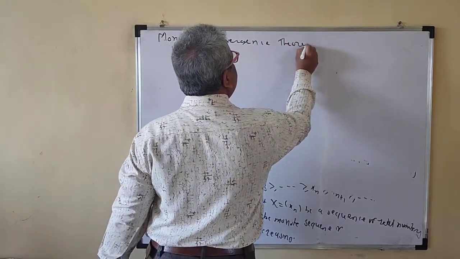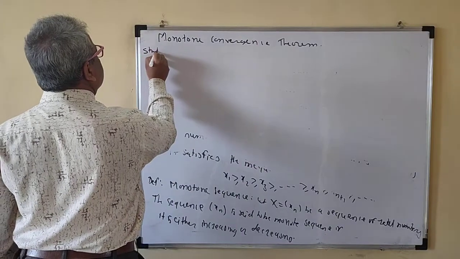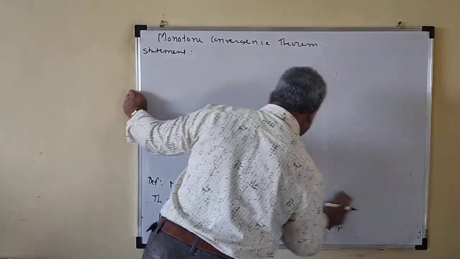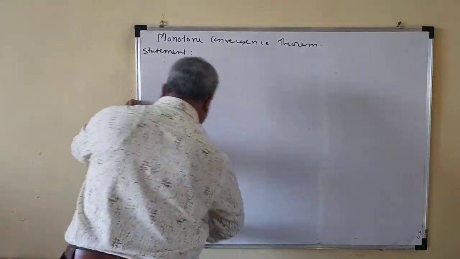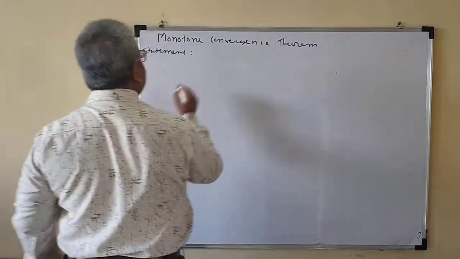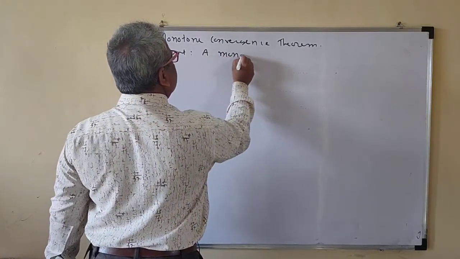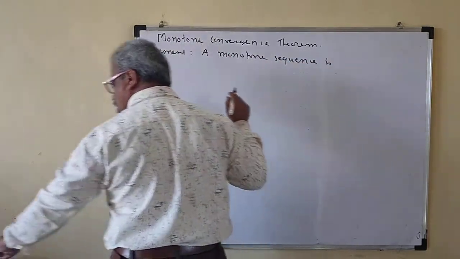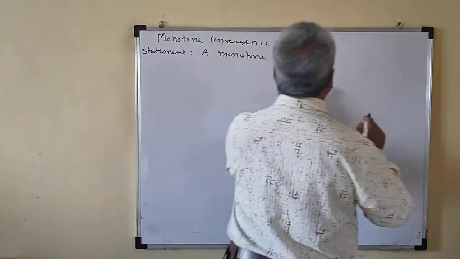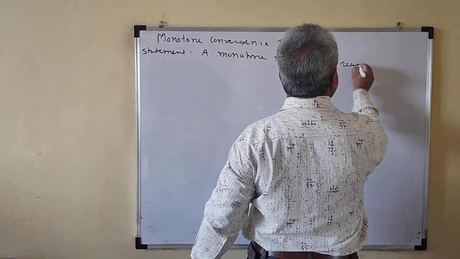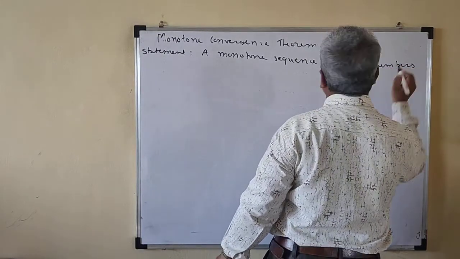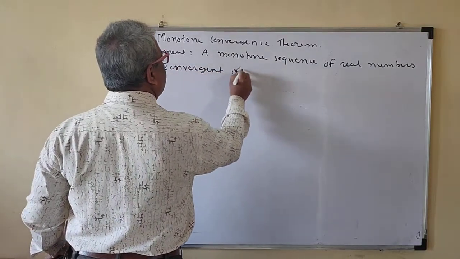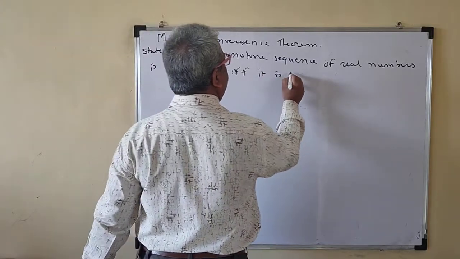Statement: a monotone sequence of real numbers is convergent if and only if it is bounded.